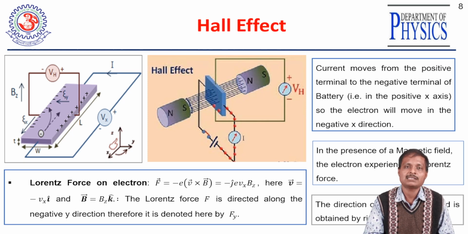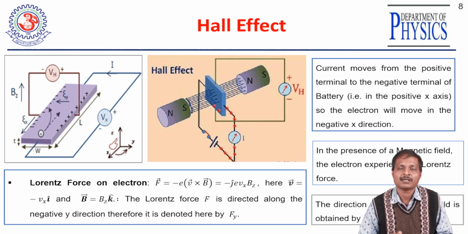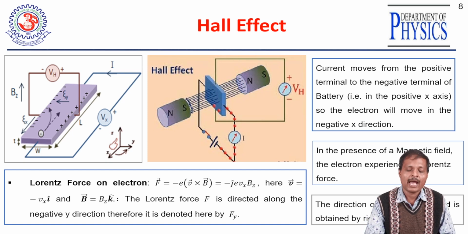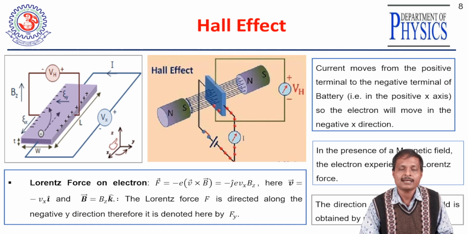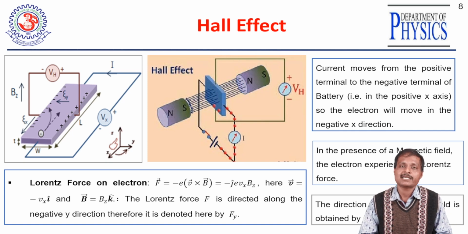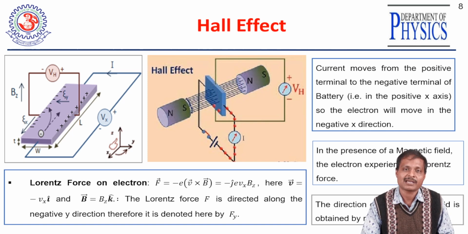The Lorentz force F equals minus e times v cross B. Here v is the velocity of the electron and B is the magnetic field, which is along the Z direction. What is the direction of the electron? As I said, the direction of current is in the positive x direction, so the direction of the electron is in the negative x direction.